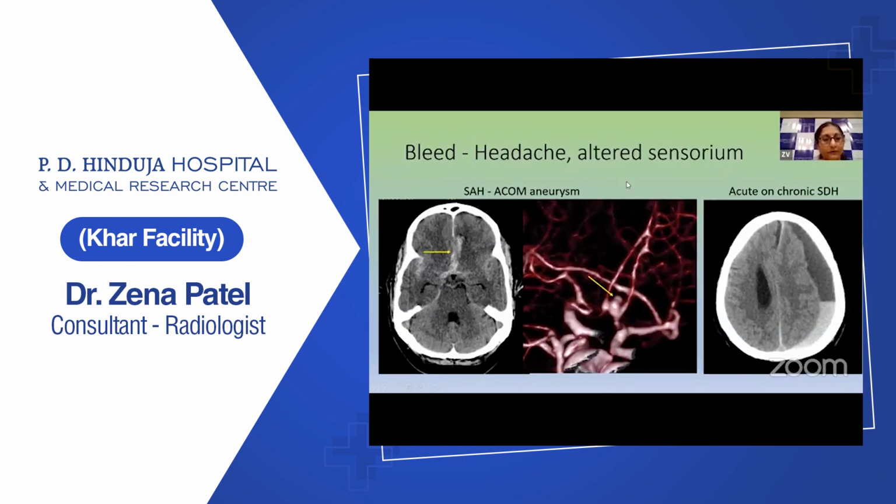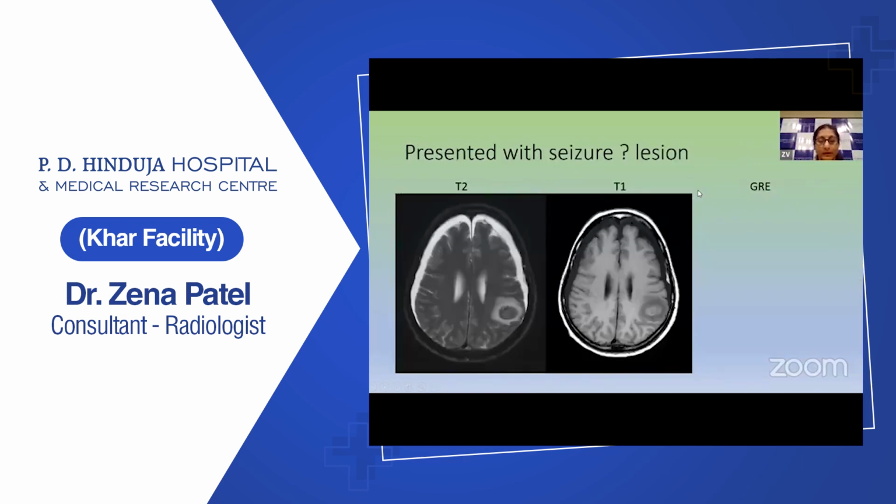Other forms of bleed, in which the patients do not necessarily present as a stroke but as a headache, as in this case where there is a subarachnoid hemorrhage because of an ACOM aneurysm. So the CT brain and the angiography were done at the same sitting. And sometimes they present with altered sensorium or loss of consciousness when there is a fall, and that triggers an acute on chronic subdural hematoma.